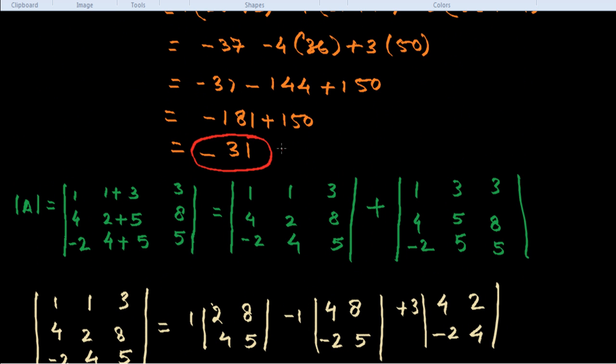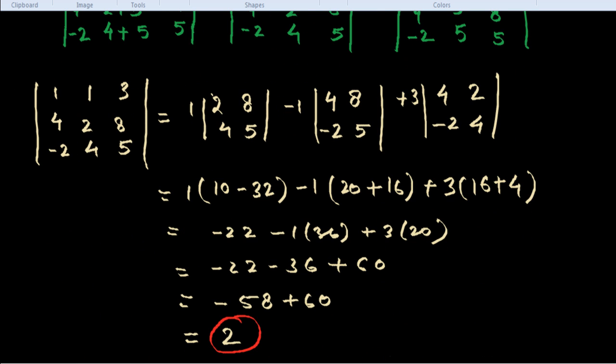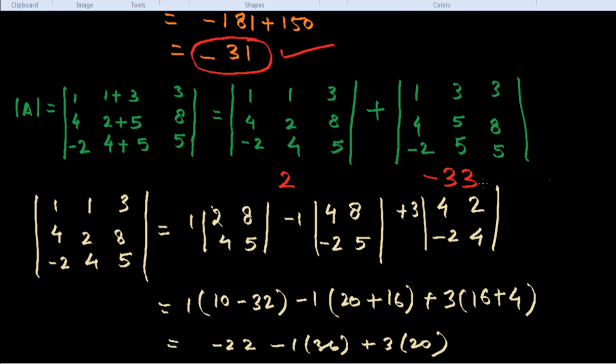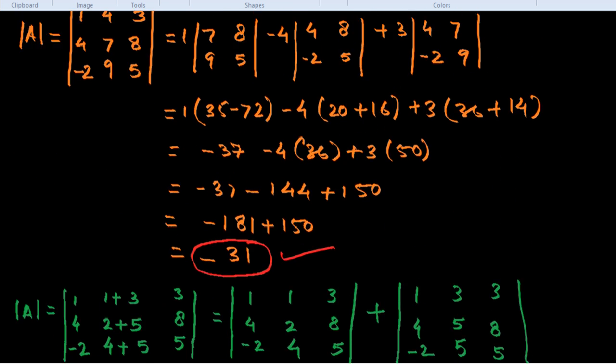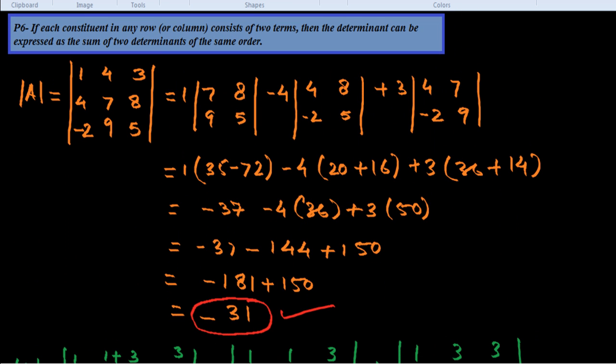The value of this determinant is 2, the value of this is minus 33, and the value of the whole determinant is minus 31. So all things are equal now. So now we have verified this property.